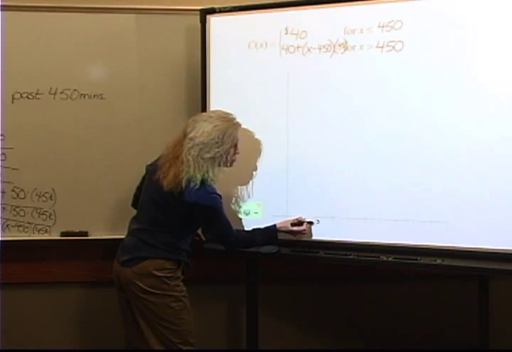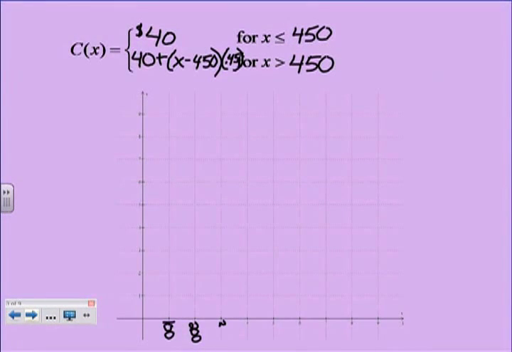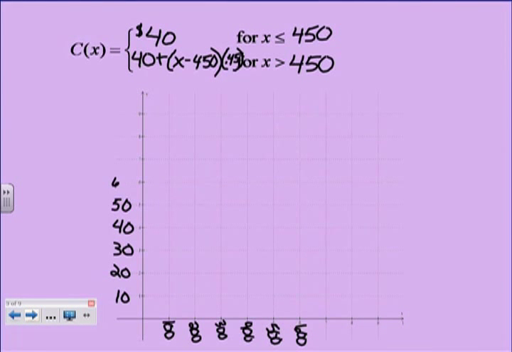So this is 100, 200, 300, okay. And then for the cost, better not have to go by hundreds, or your parent or spouse or just yourself are going to be really angry about this bill. So let's go by tens. 10, 20, 30, 40, 50, 60.